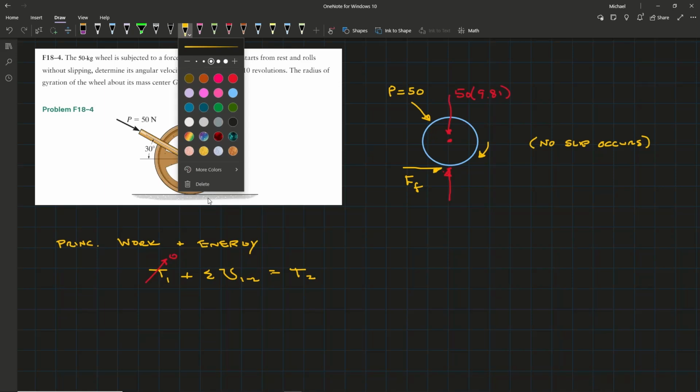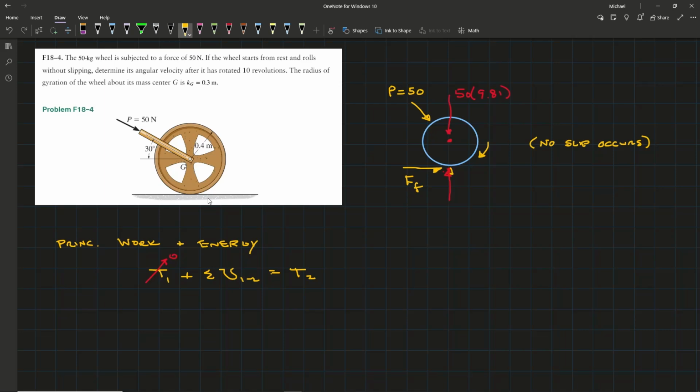Let's figure out the work. So we don't have any work performed by the weight since there is no motion in the y direction, and there is no work performed by the normal either. The frictional force could potentially be a work situation, but since we don't have slip occurring and we have an instantaneous zero velocity at the point of application of that frictional force, we have no work caused by the frictional force. So everything is out of this except for the force P.